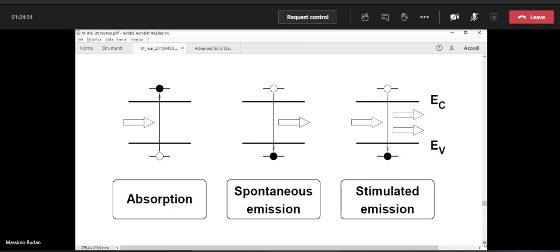So in some sense, we can detect an electric current that is related to the number of electrons that absorbed energy from the impinging radiation. Okay, so the current is the way we detect or we see that there is a radiation impinging on the material.